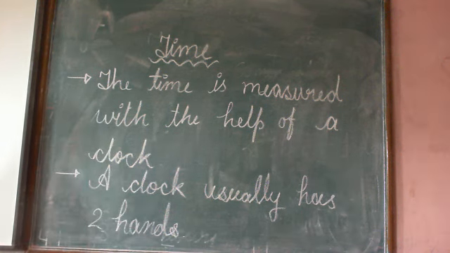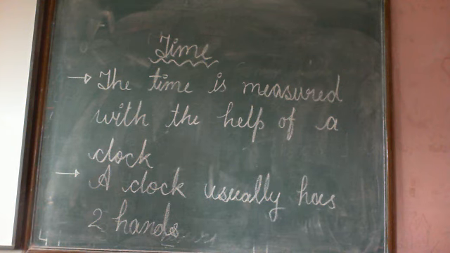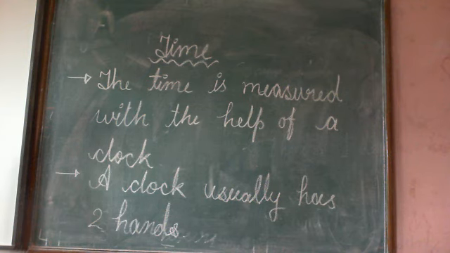We know that the time is measured with the help of a clock. A clock usually has two hands. Write down this much, dear students.